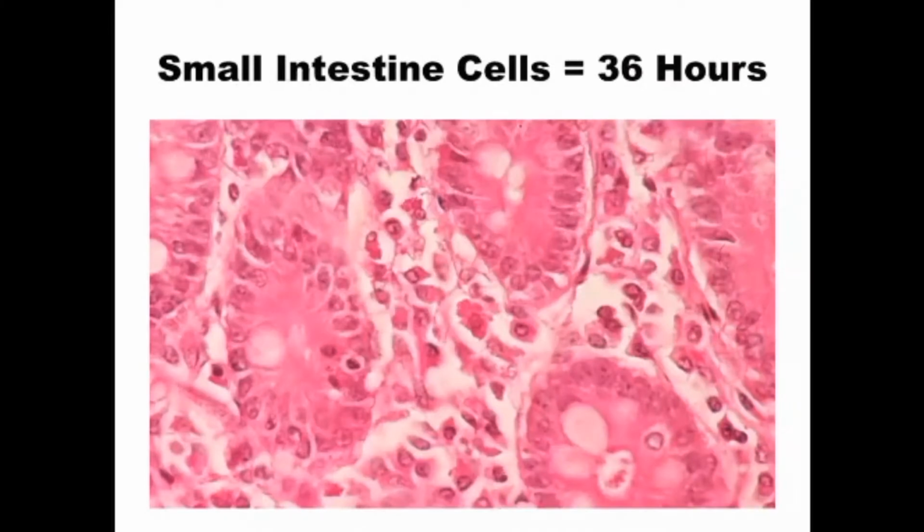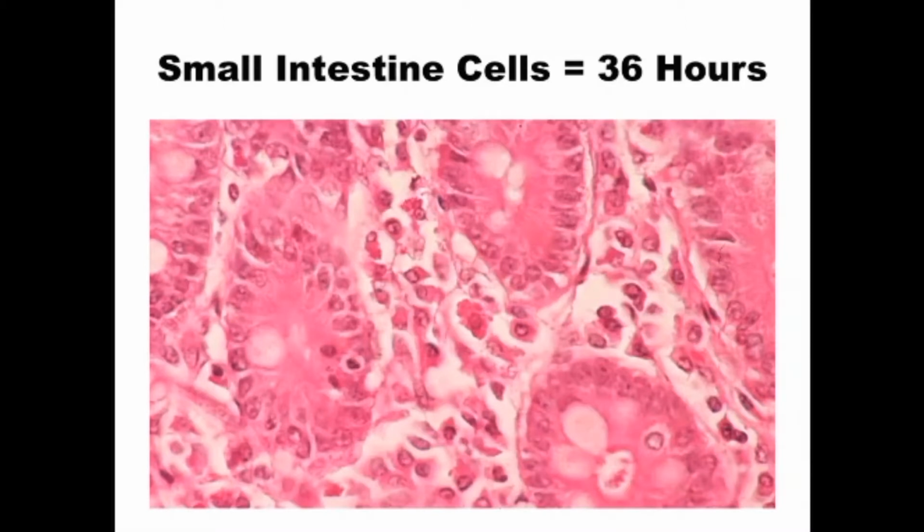Now, here's the impact. Small intestine cells only last 36 hours. I want you to think about what happens when you drink a glass of water. The water passes from your mouth, down your esophagus, into your stomach. And because it's more alkaline, what happens? It passes quickly through the stomach and into the small intestine.